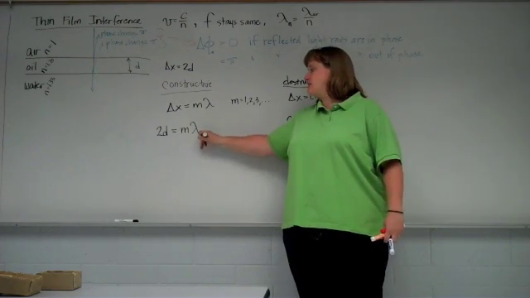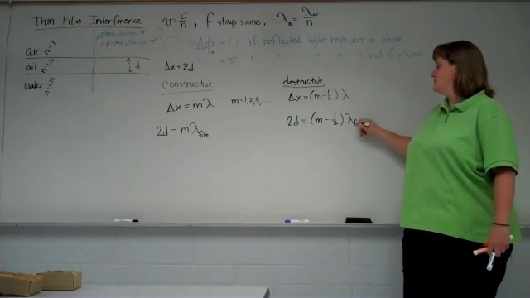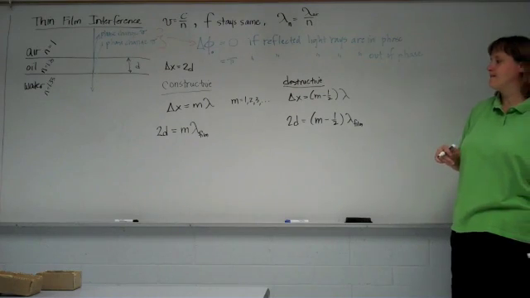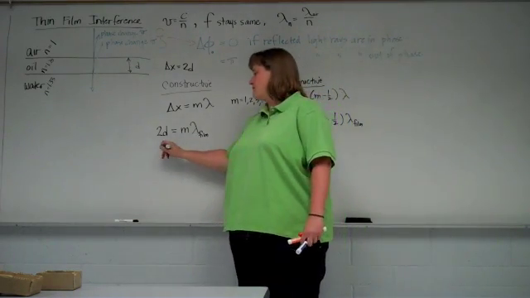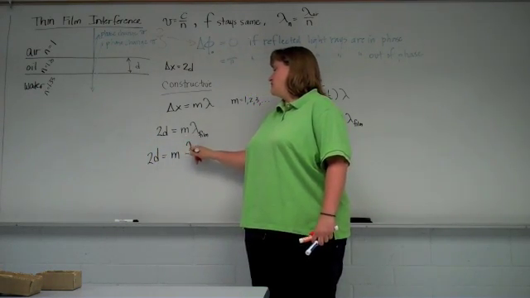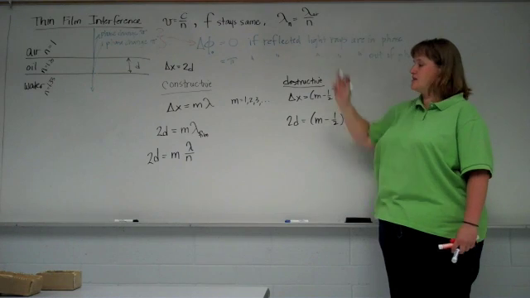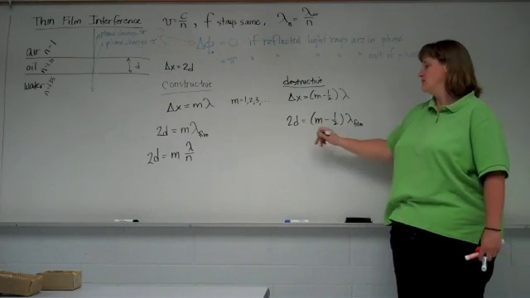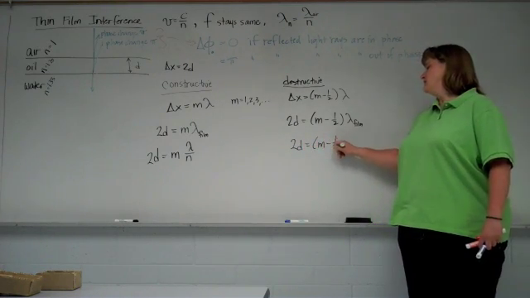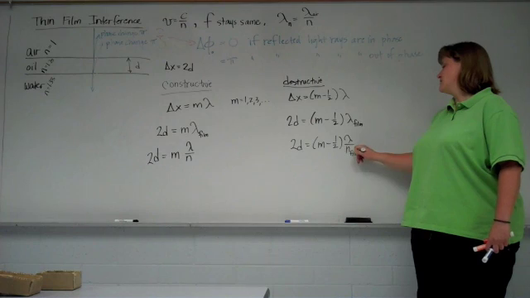This needs to be the wavelength of the light in the film itself, whatever your thin layer is. So we can go ahead and put this substitution in, the wavelength over n. And just remember that n is for the film specifically. It's that thin layer.